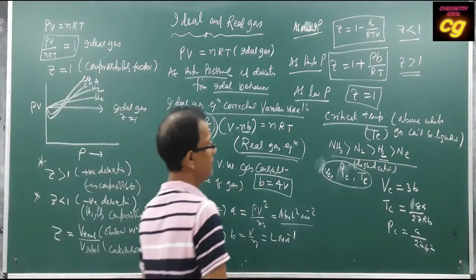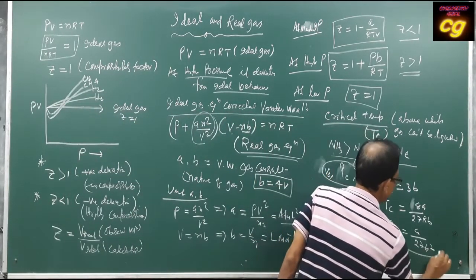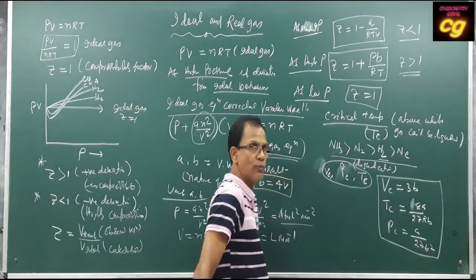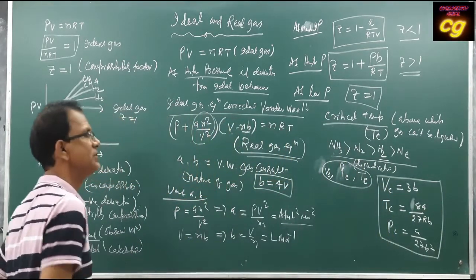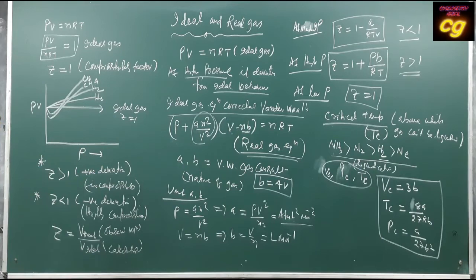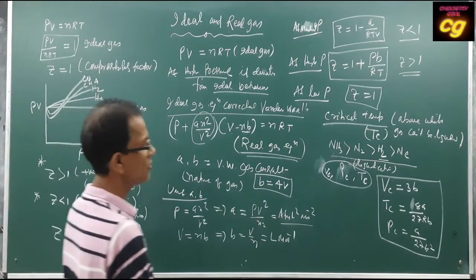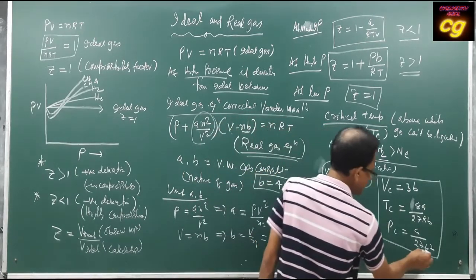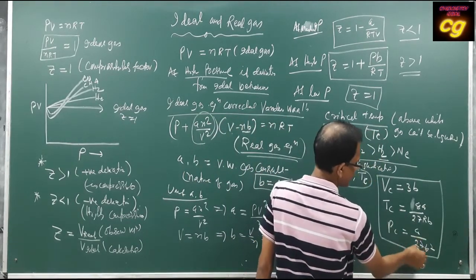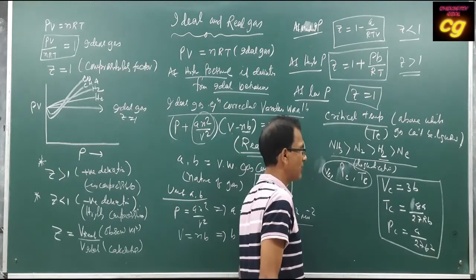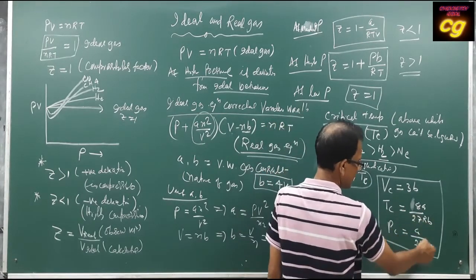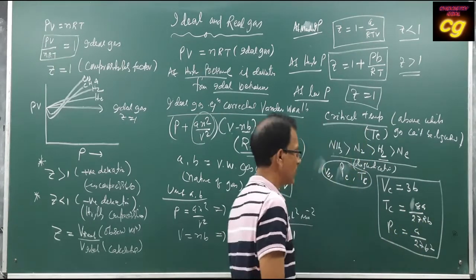So this relation is important to remember for problems and calculation. Vc is equal to 3b, Tc is equal to 8a by 27Rb, Pc is equal to a by 27b square. Here 27 is in the denominator.